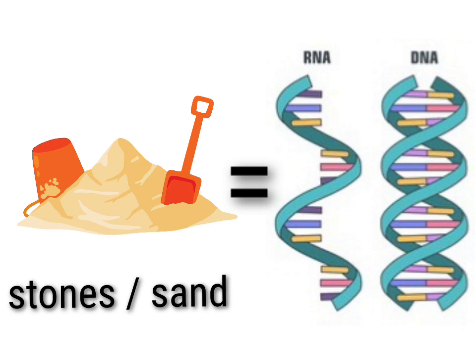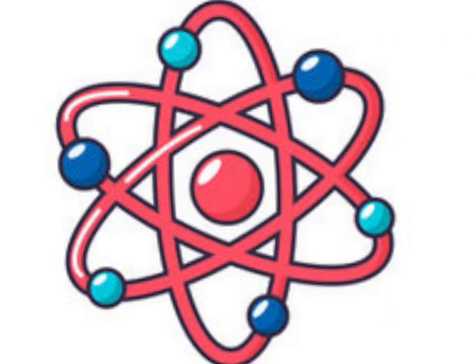And these stones in particular, what are they? These stones are DNA and RNA, deoxyribonucleic acid and ribonucleic acid. And then finally, if we go a little bit further down, okay, these stones were made by atoms.